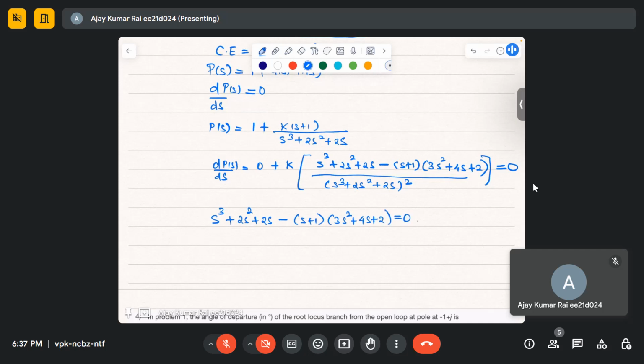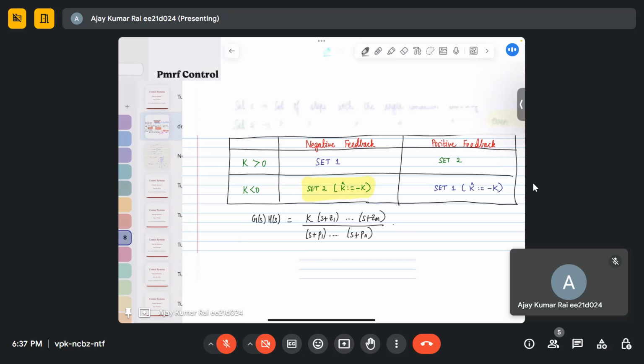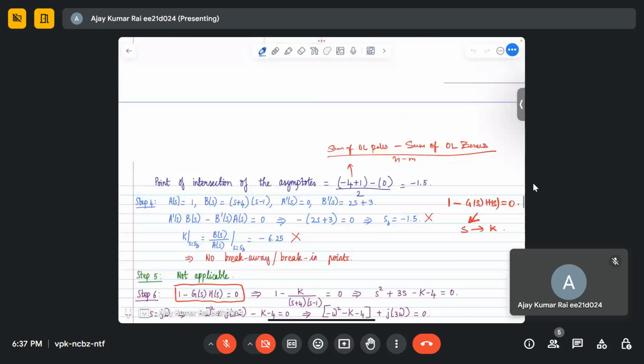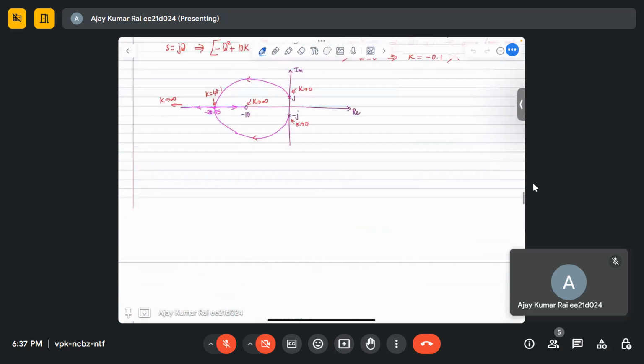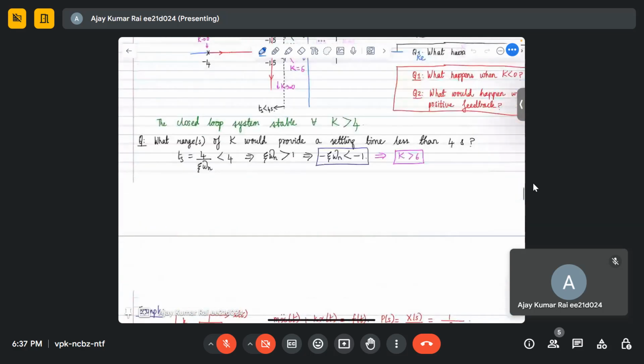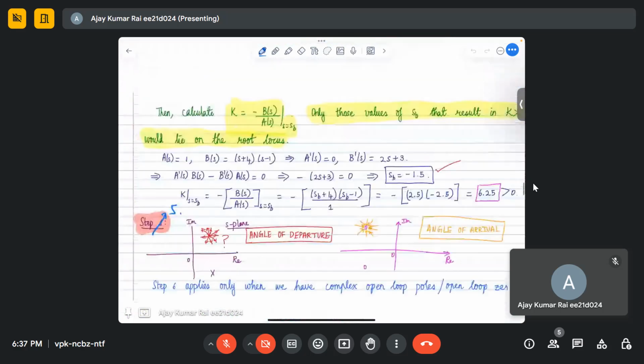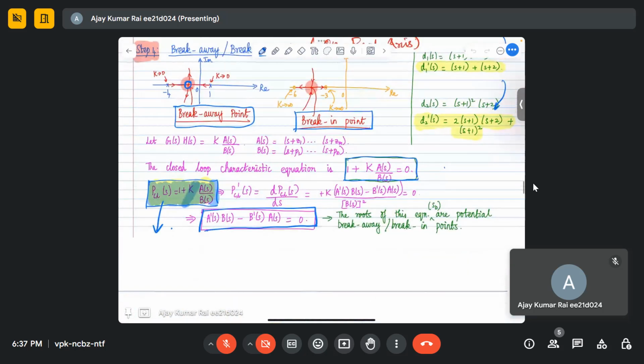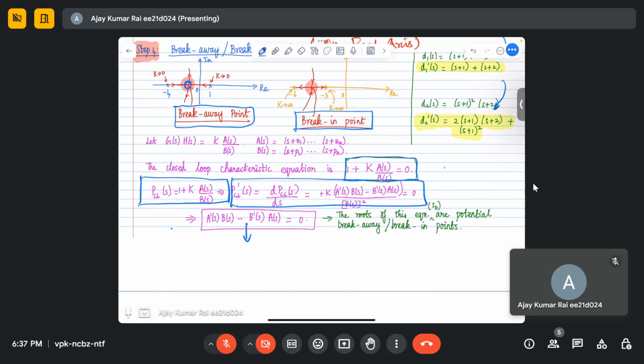Let me just explain, if you have studied the lectures. I have done this step. I started with this step, then I went to this step, and now I have arrived at this step.